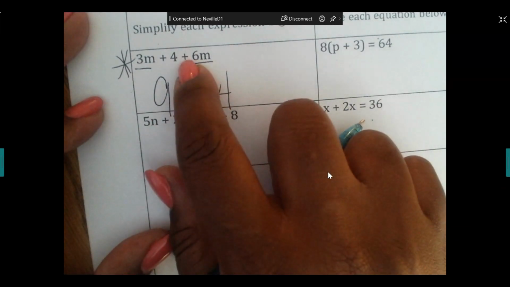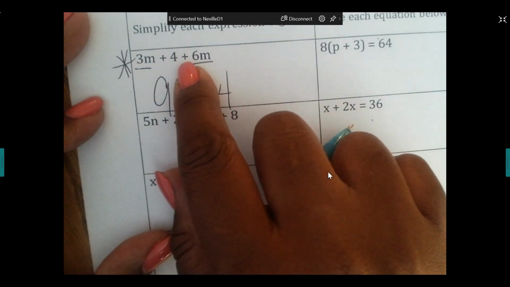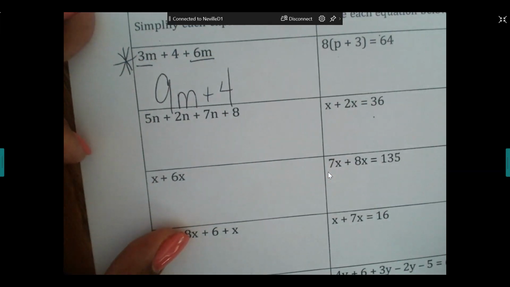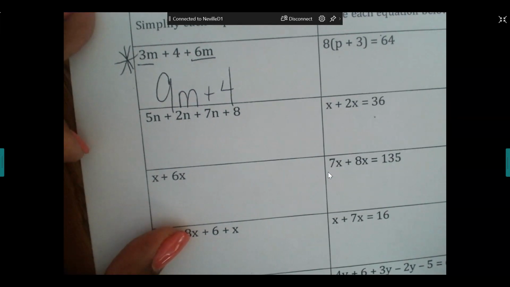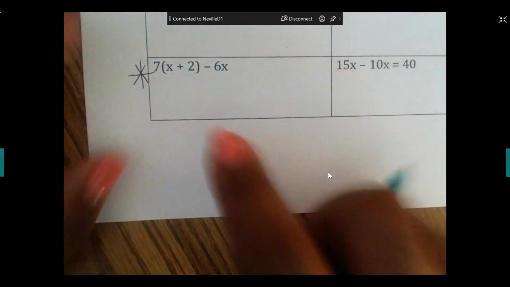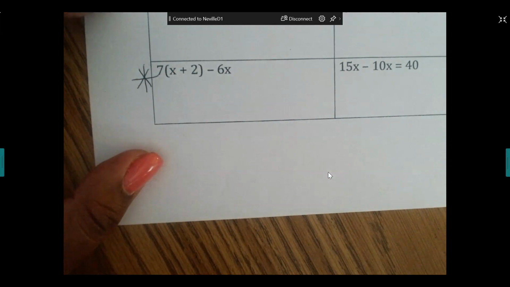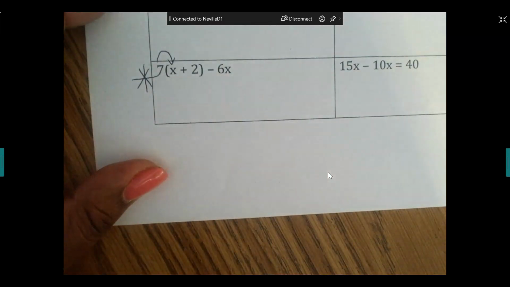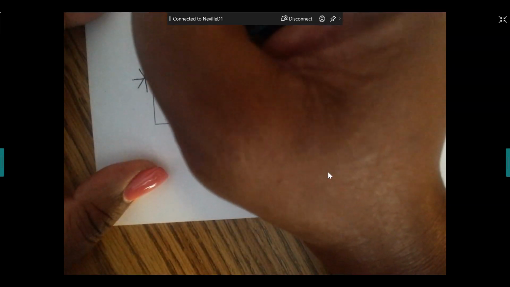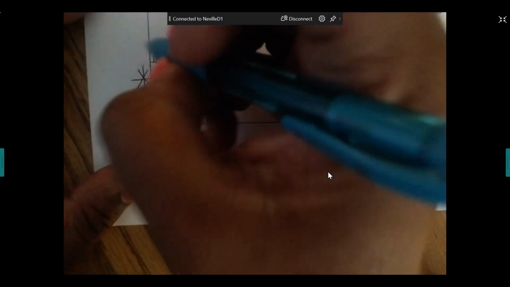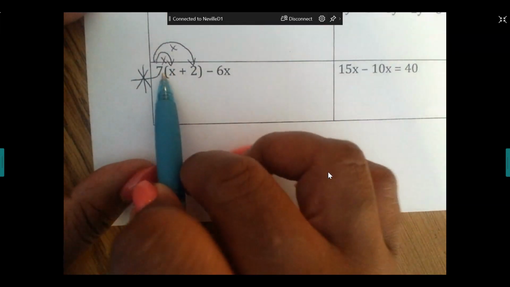The sign here tells us what to do between those two terms. We're going to scroll down here to this one. Remember, we're distributing our 7 to the x and our 7 to the 2. We're multiplying that 7 to the x.